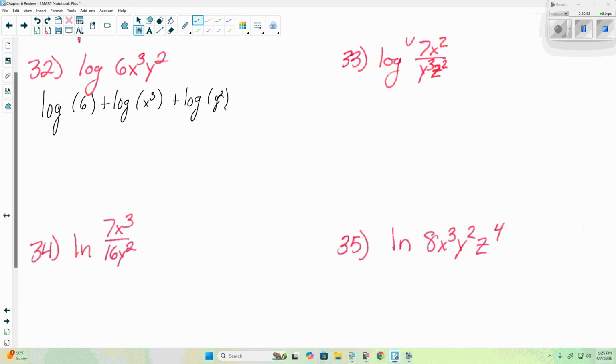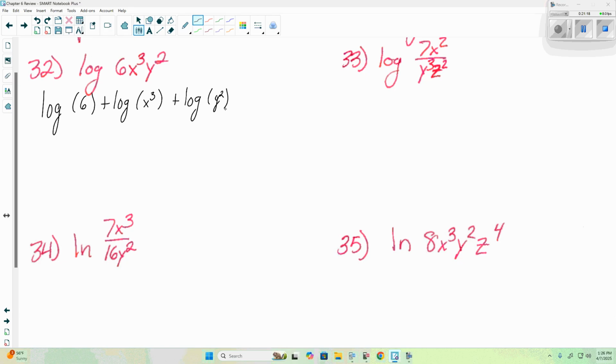Now, some, especially if you look this one up, will say that we do need to simplify log of 6 a little further because 6 is the same as 2 times 3. Leave it as log of 6. I'm not asking you to simplify it further than that. Questions on product before we do power?